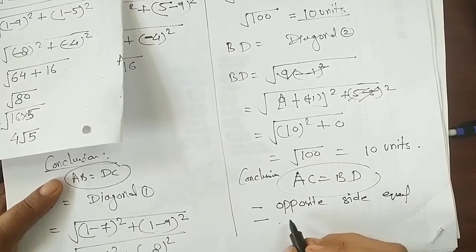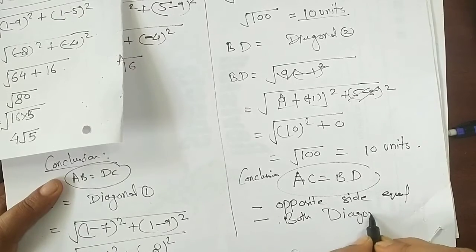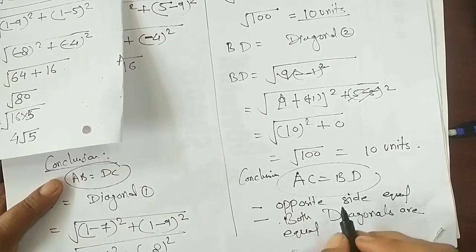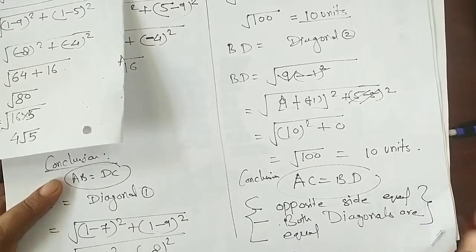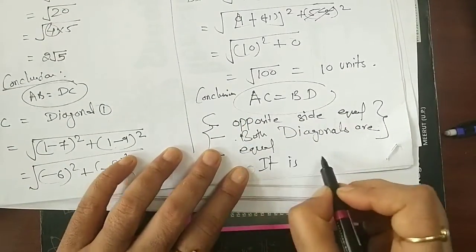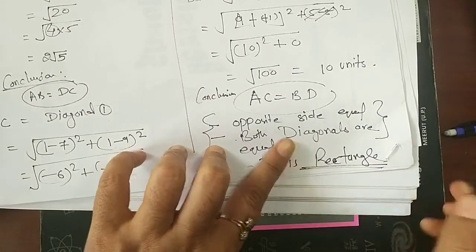And the second thing is you can say both diagonals are equal. So what does it mean? This is a property of a rectangle. So it is a rectangle. I hope you understood. Hence proved.